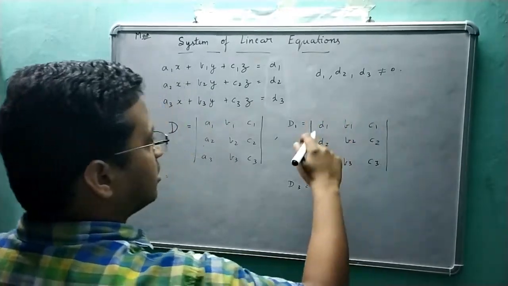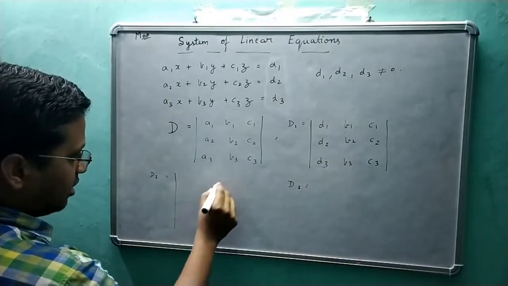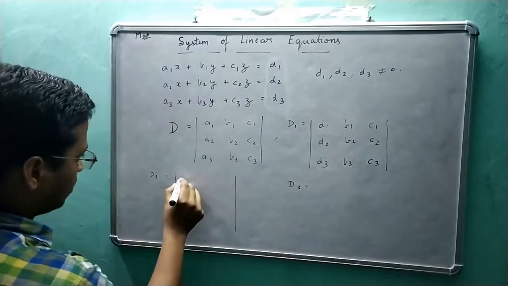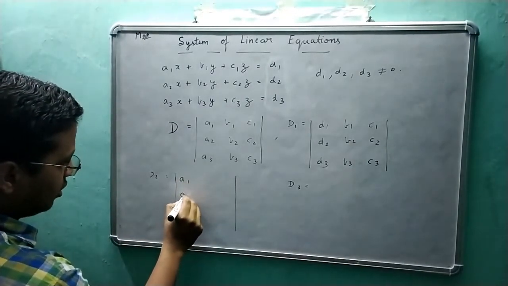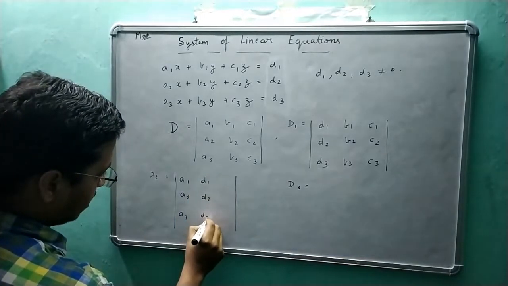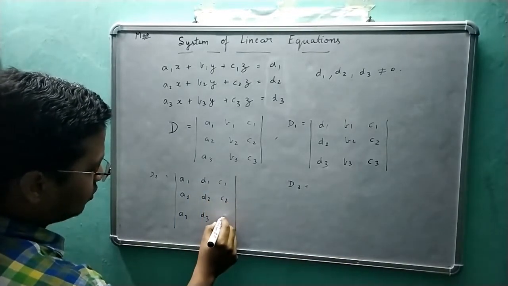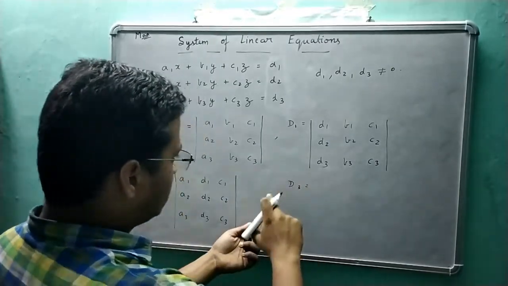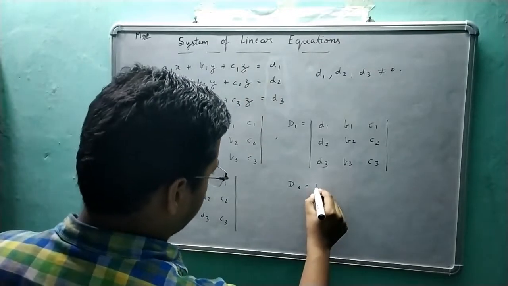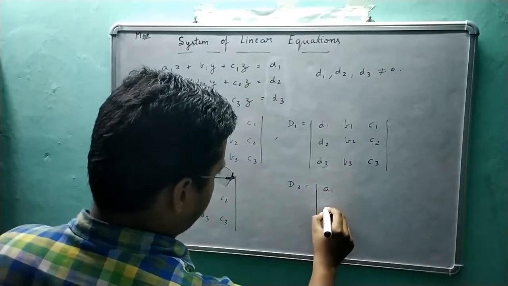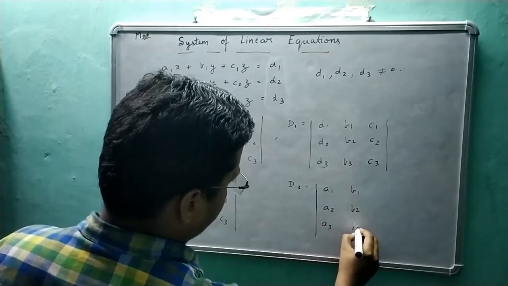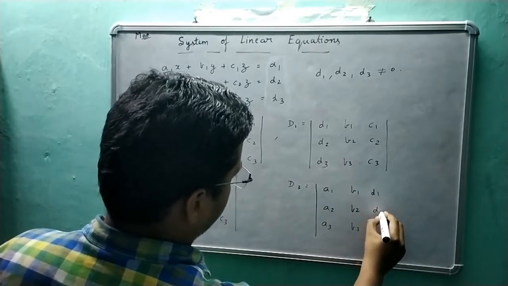This is the first determinant, and in D2, he replaced the second column with d1, d2, d3. So a1, a2, a3, d1, d2, d3, c1, c2, c3. Now in D3, he replaced the third column with d1, d2, d3. So this is a1, a2, a3, b1, b2, b3, d1, d2, d3.